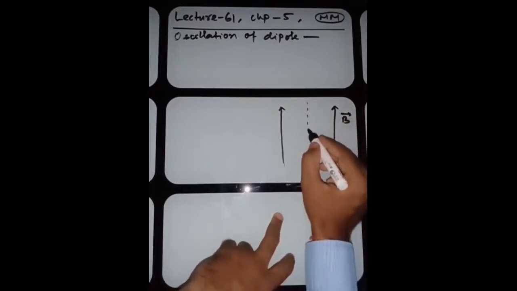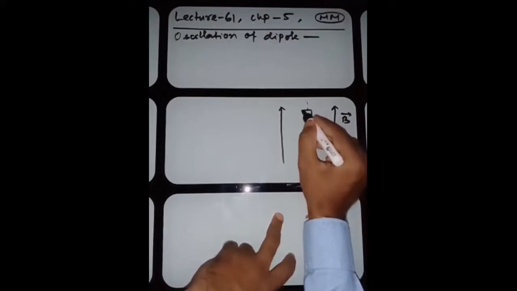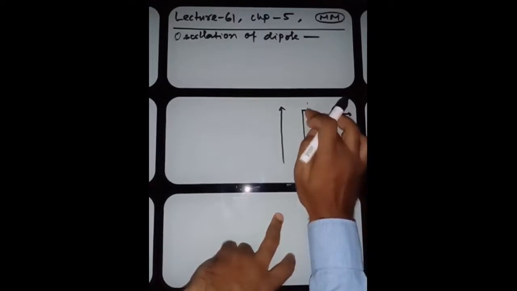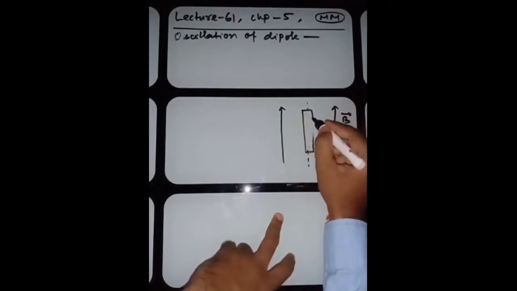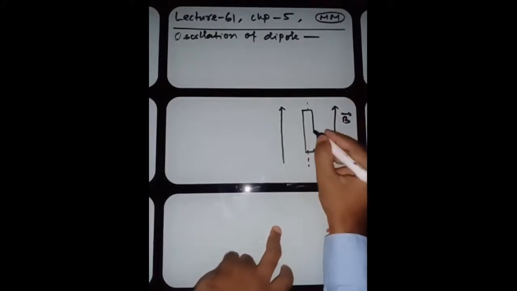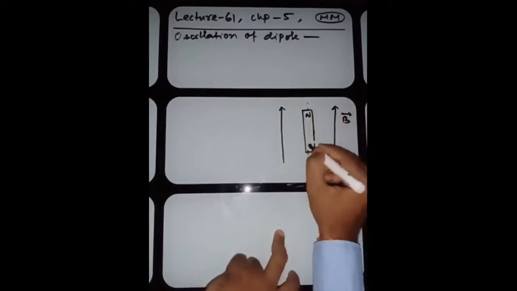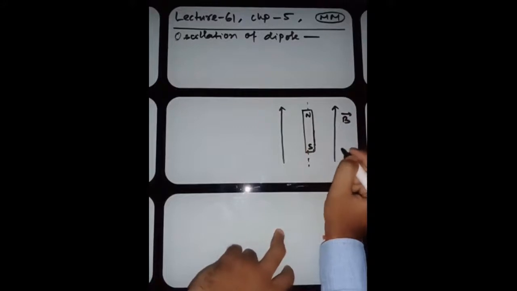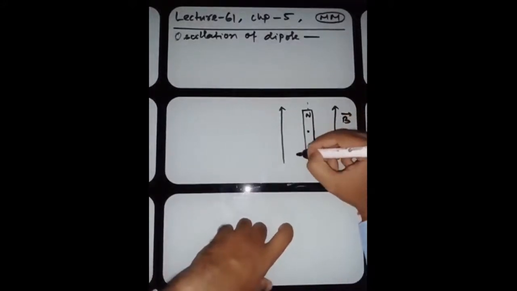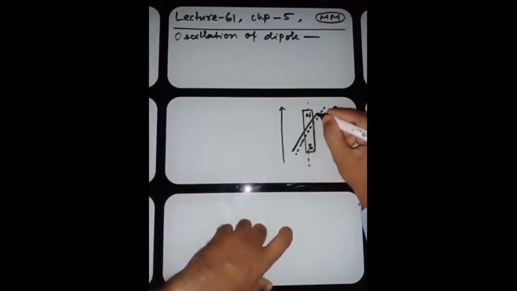When we place the dipole, that is the magnet, in this way, with north and south pole aligned in this direction, it is in the most stable equilibrium. But now the question: what will happen if we disturb it slightly along this axis?